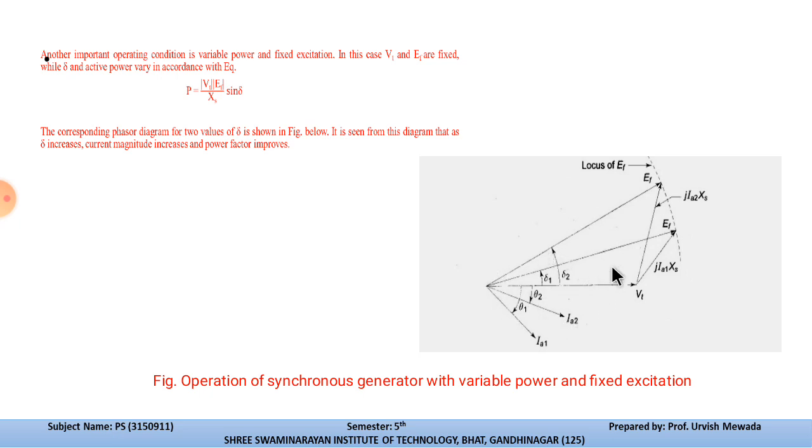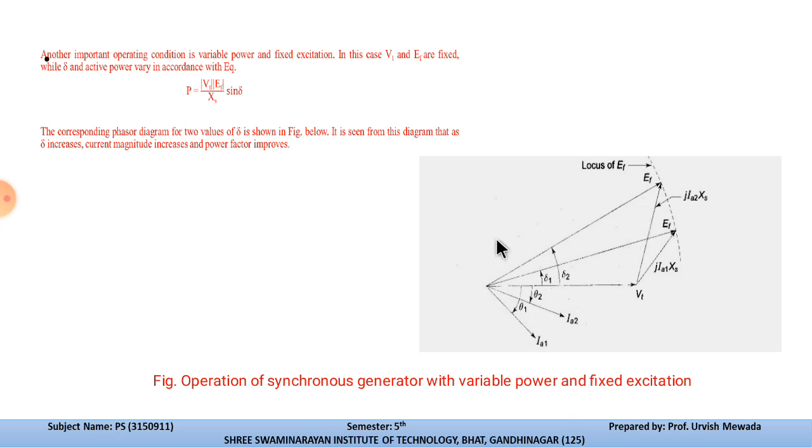So as we increase this delta, the current magnitude will increase, this current will get increased, and the power factor improves. The power factor angle between V and I will get reduced.